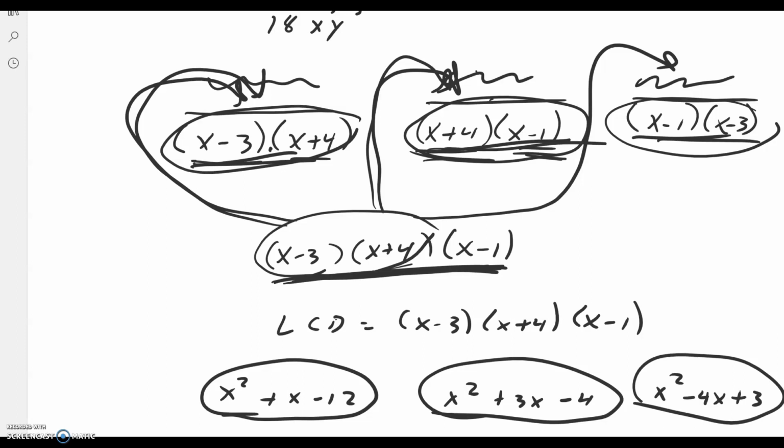So a good strategy is to factor your denominators first. If they're not factored, factor them, and then build the least common denominator.